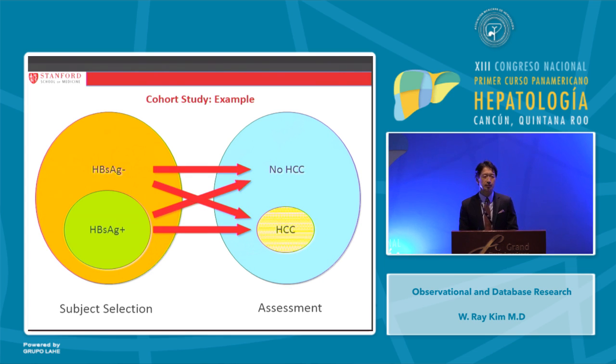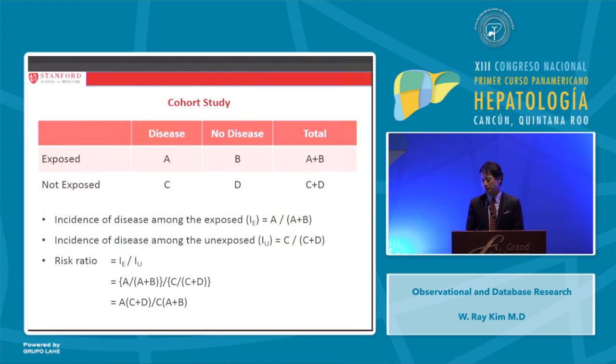So if you take an example, if your question is whether hepatitis B causes hepatocellular carcinoma, everybody knows that, but that knowledge was obtained by studies in the past. So here, the cohort will consist of people with exposure, meaning surface antigen positive, and some without exposure, meaning surface antigen negative. And you would follow these people over a period of time, and some will develop HCC, and others will not develop HCC. That's the cohort study.